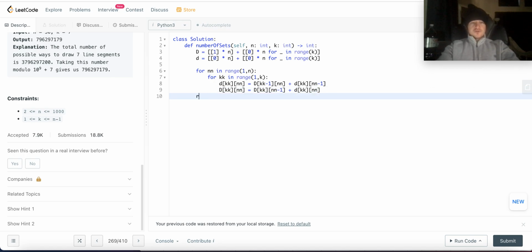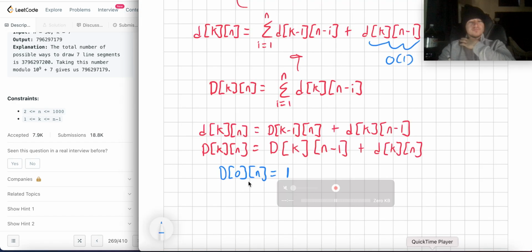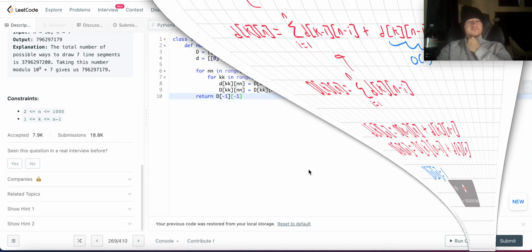And then at the end, you just return D of -1, -1. Because this will give you the number of ways that you can sum up using k things, right?